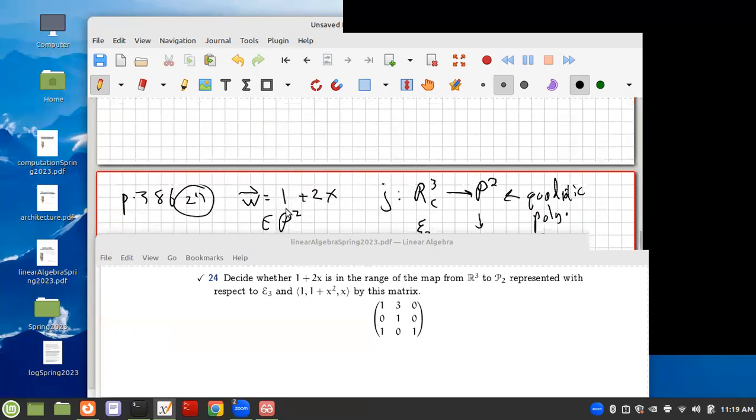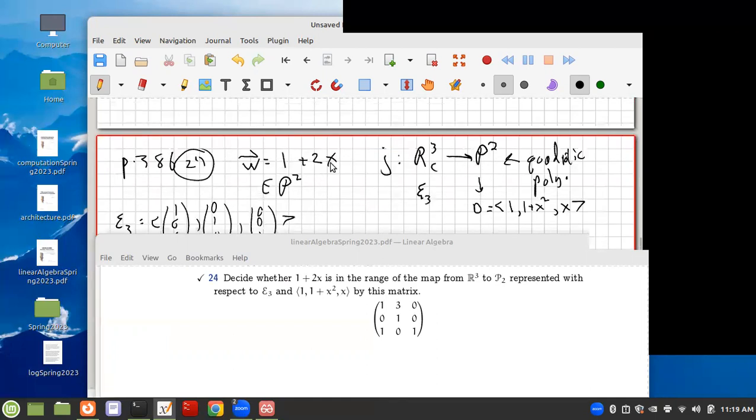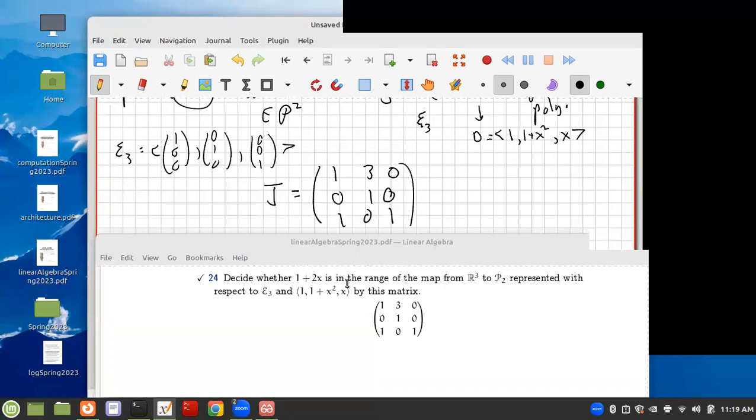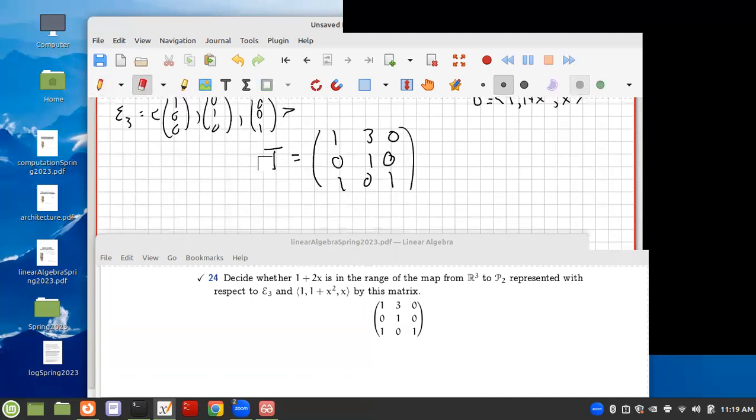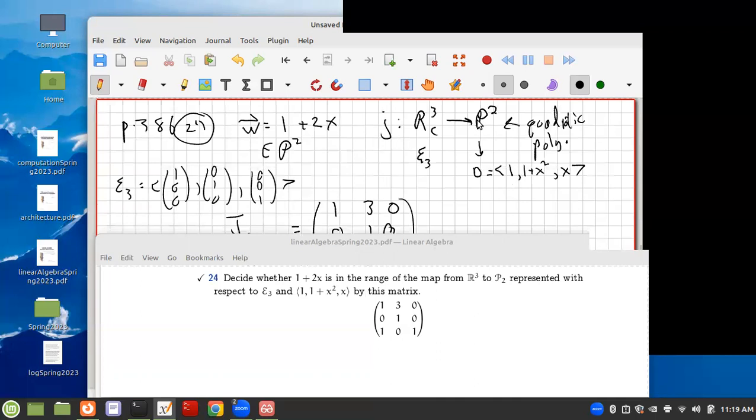So the question is: is the vector 1 plus 2x in the codomain an image of some vector? Is it in the range of the map defined in this way? Where this J takes vectors in the standard basis to representations of vectors in P^2 in this basis D.